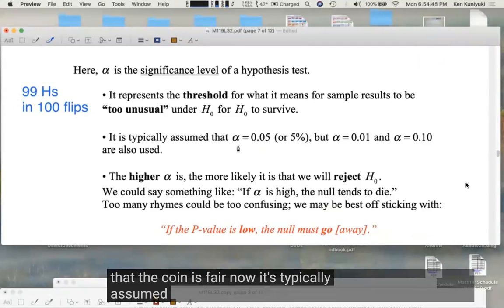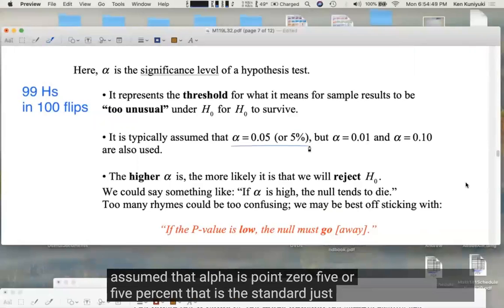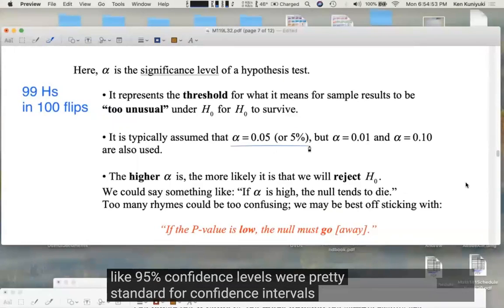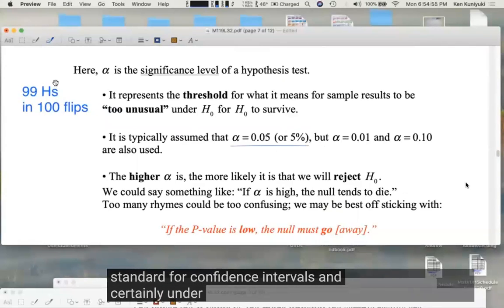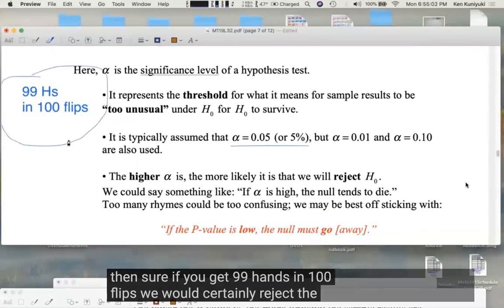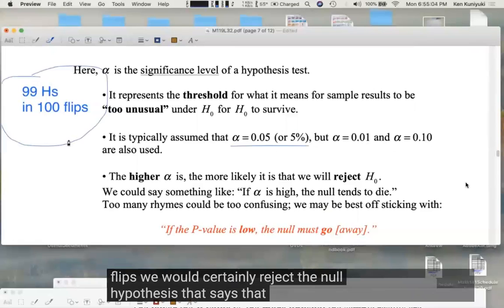Now, it's typically assumed that alpha is 0.05 or 5%. That is the standard, just like 95% confidence levels were pretty standard for confidence intervals. And certainly, under that kind of a standard, if you get 99 heads in 100 flips, we would certainly reject the null hypothesis that says that the coin is fair.